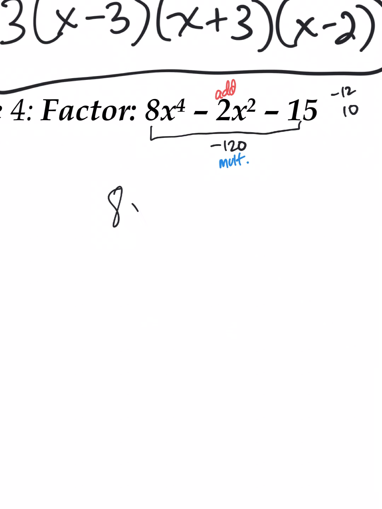We're going to rewrite that middle term as minus 12x squared plus 10x squared minus 15. Notice that the process is the same here, even though we have exponents that are a little bit more difficult than what we saw in the previous problem. Now we have our 4 terms, so we're going to split down the middle.